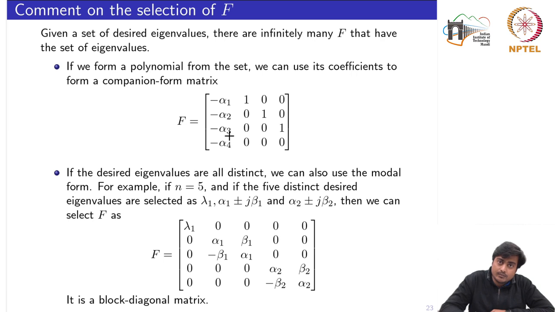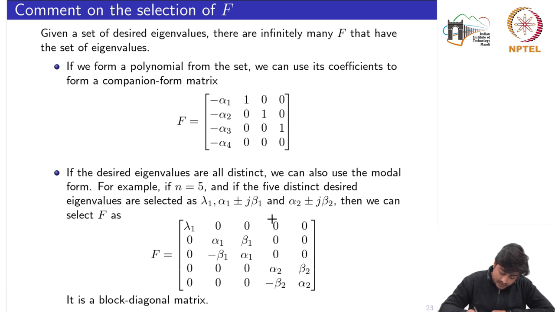If I write the characteristic polynomial of the F matrix, this would be the coefficients, and arranging all these coefficients into this form would yield me a companion form matrix whose eigenvalues would definitely be the required eigenvalues.